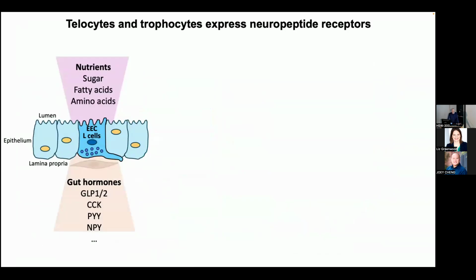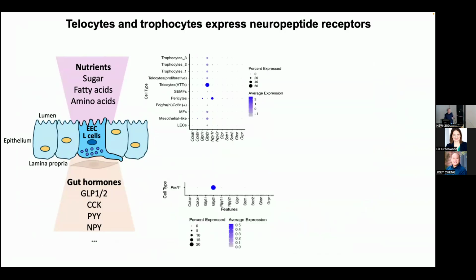So with that in mind, we began to wonder how nutrients are being detected, which are seen by specialized endocrine cells called L cells that release gut hormones. And these fibroblasts, the telocytes, sit exactly below the basal membrane in contact with the processes from these endocrine cells.